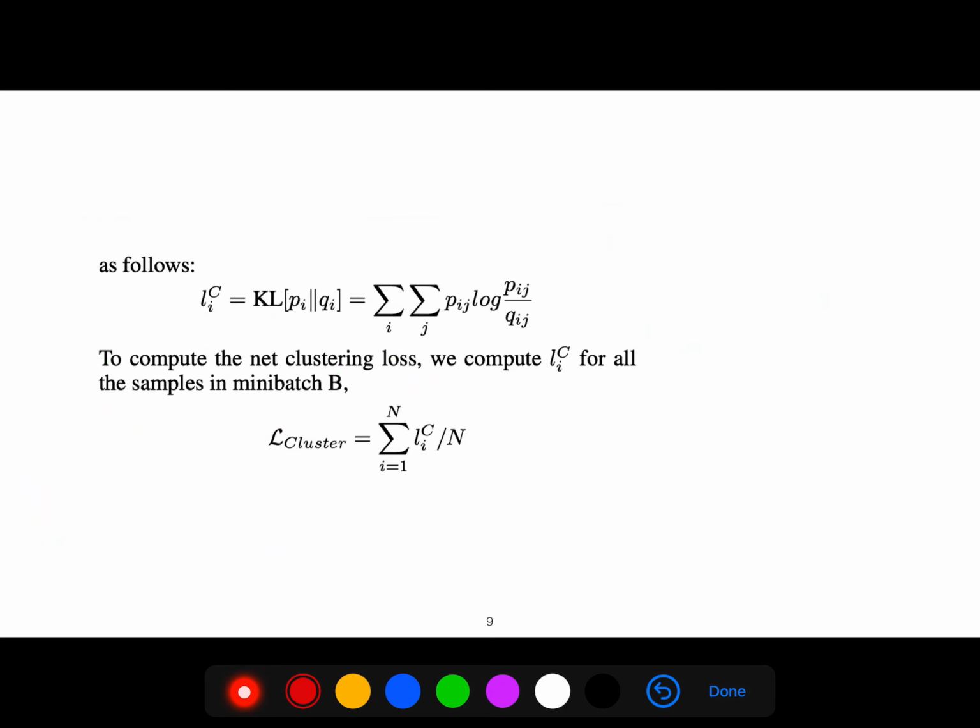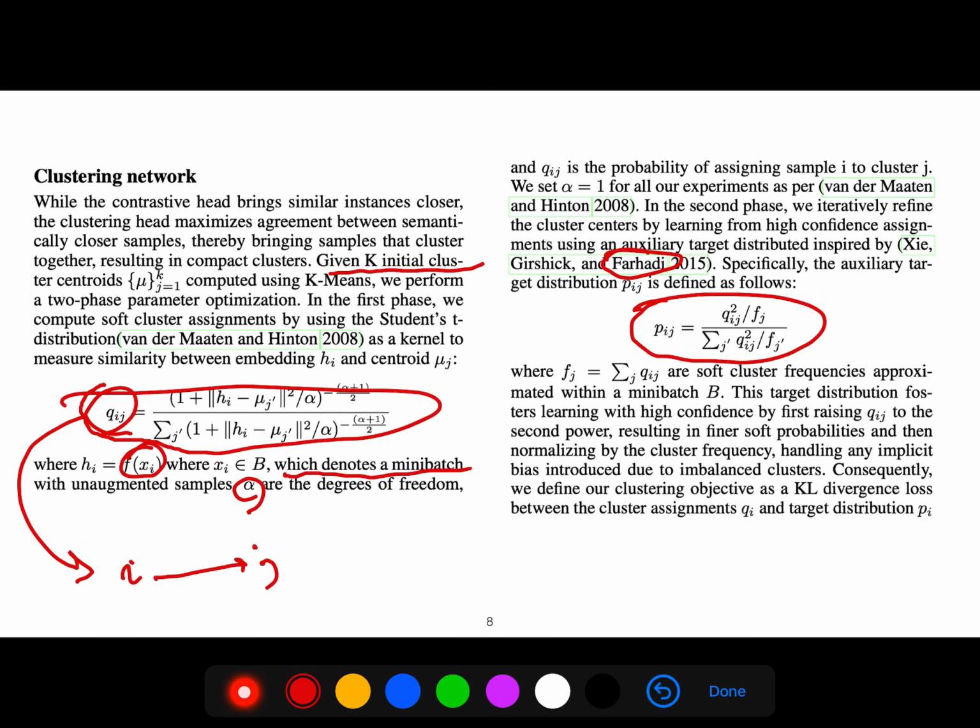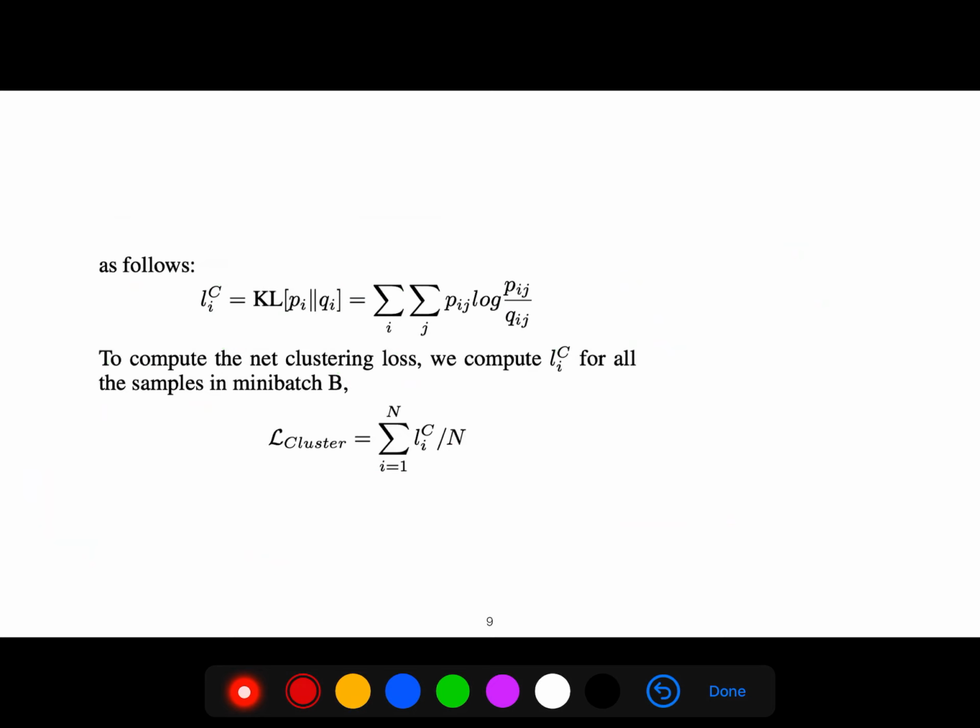And so we define our clustering objective. It's just a KL divergence loss between the cluster assignment and the target distribution. And to compute the net clustering loss, we compute L for all the samples in the mini-batch.